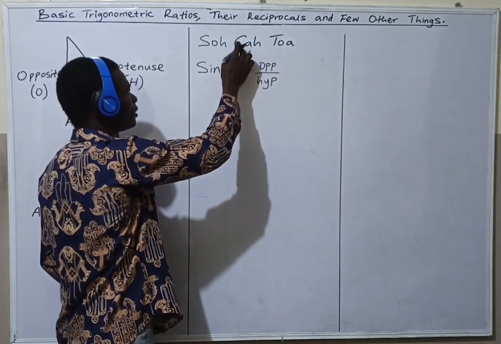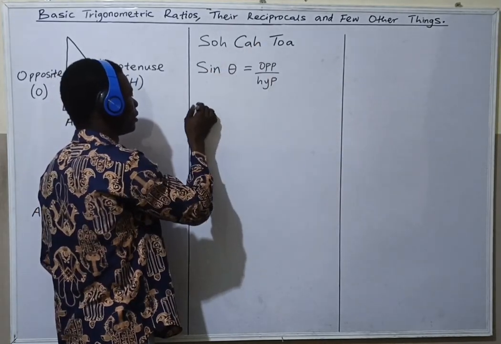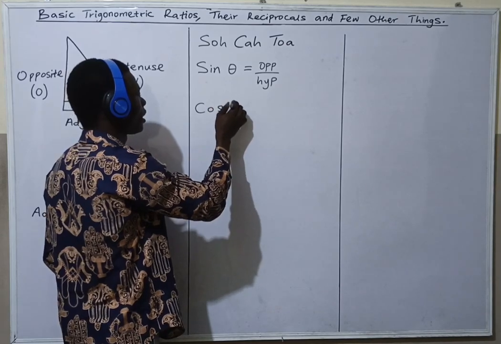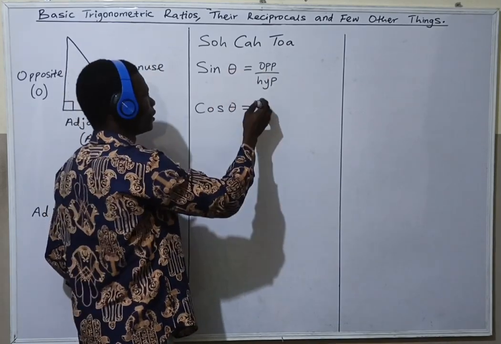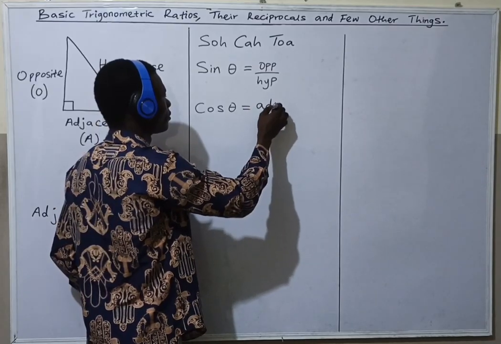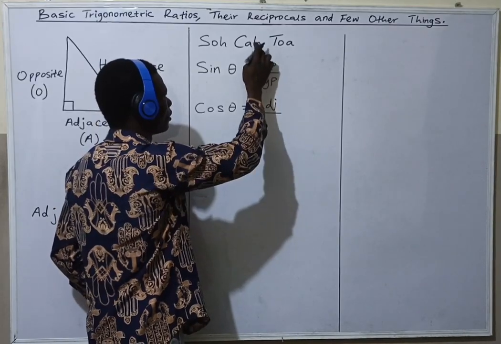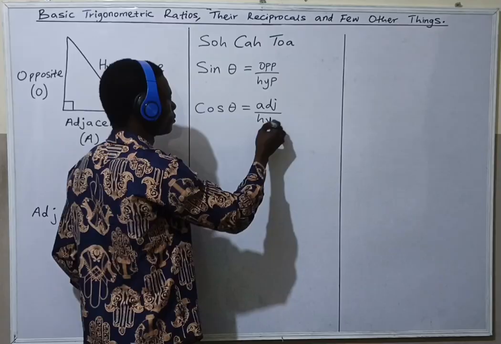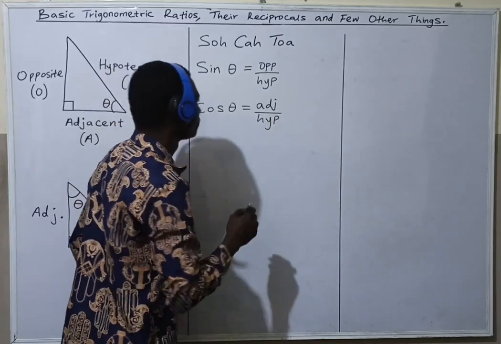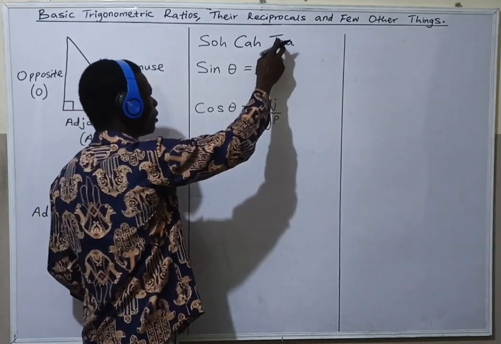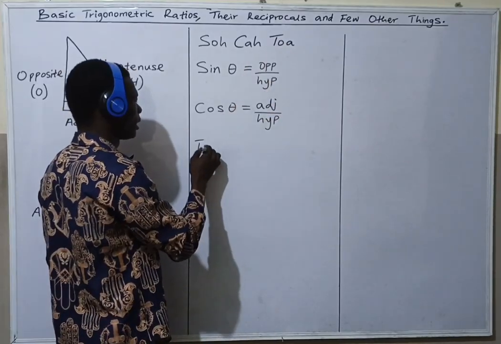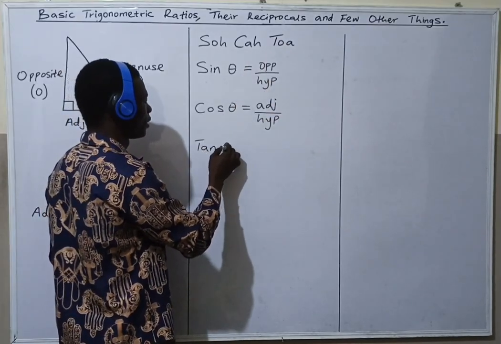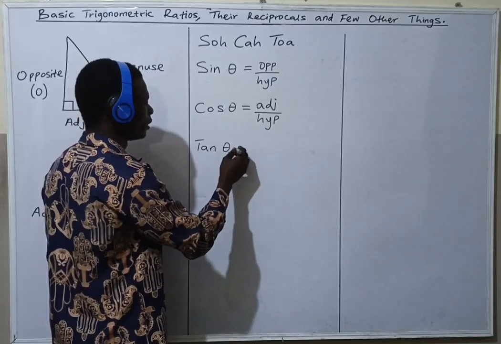Then the next one is C, which is CAH, and that is cos theta, cosine of theta. Cosine of theta is the ratio of the adjacent to the hypotenuse. Thirdly is TOA, and TOA is tangent, shortened to tan theta.